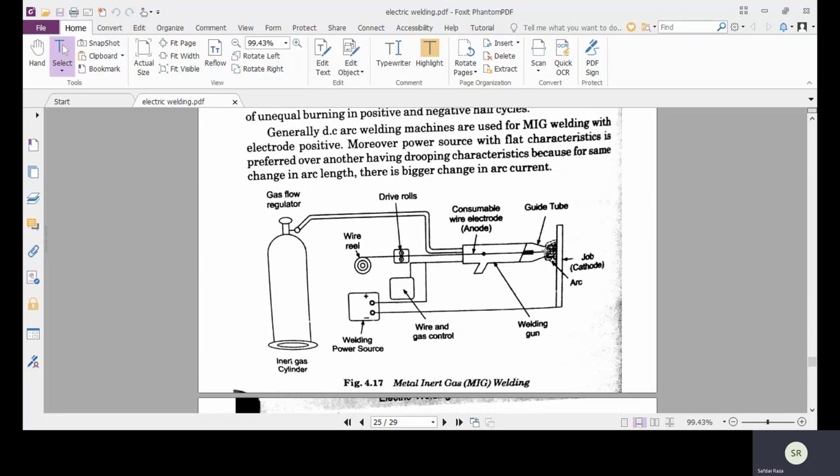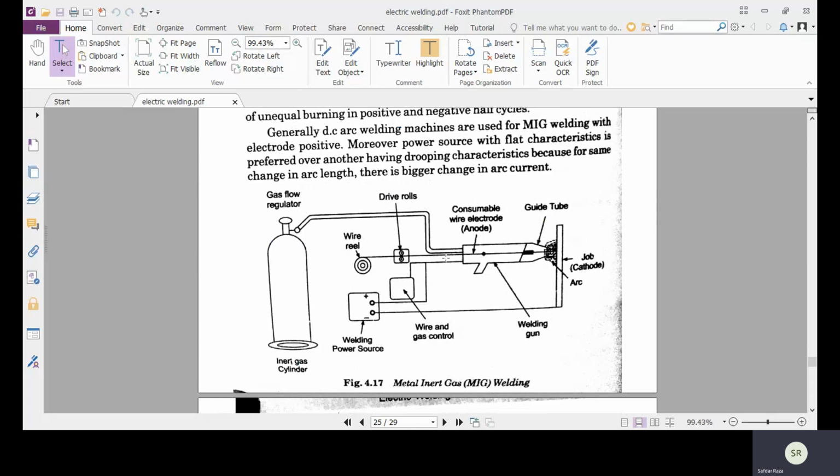This is the guide tube, and in this guide tube there is an electrode, which is a consumable wire electrode in metal inert gas, but in tungsten inert gas it is a non-consumable electrode.